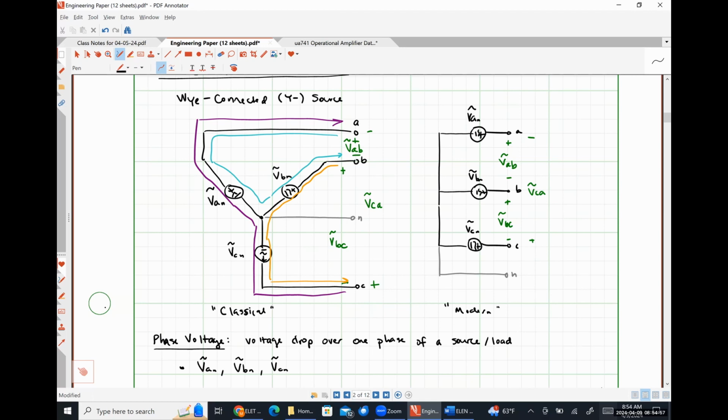So whenever I say VCA, I don't really even need to put the positive polarity terminal at C and the negative polarity terminal at A, because VCA by itself inherently is supposed to tell you the positive polarity terminal is on the C side and the negative polarity terminal is on the A side. I'm being redundant here just for clarification's sake, because you guys aren't super used to that yet. But a double subscript notation, like we're using here, we're going to consistently use in all of our three-phase circuits, inherently has a specific positive polarity terminal on the first subscript location and a negative polarity terminal by the second subscript.